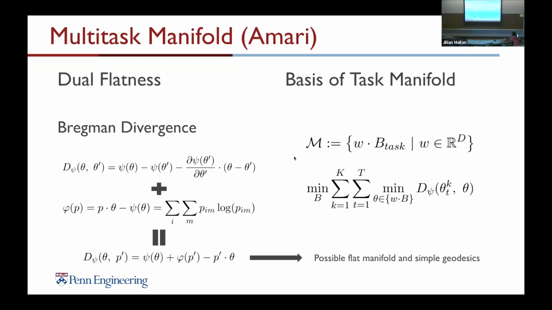We can define the task manifold M, which is d-dimensional and represented as a weighted basis, where the basis is based on the previous tasks we pre-trained. The generalized objective is to minimize the Bregman divergence between the generated output and the ground truth, over t time steps and k tasks.